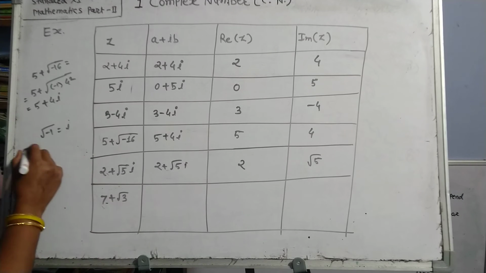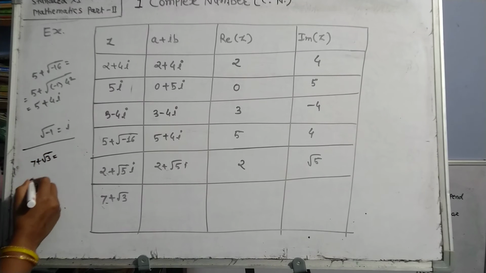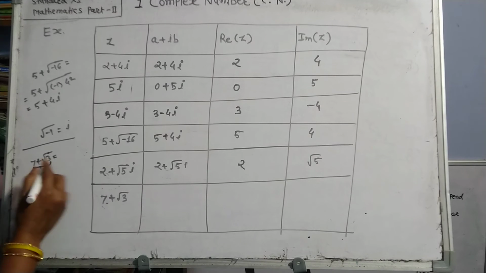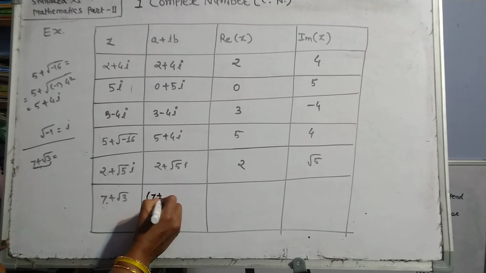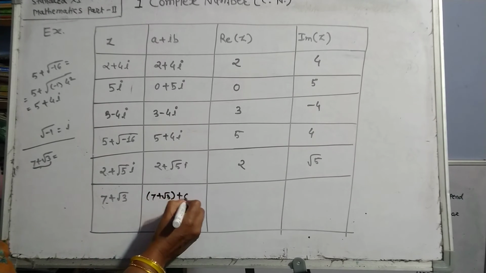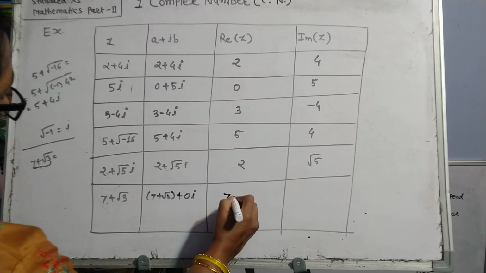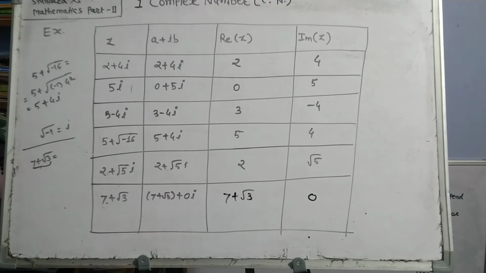Now 7 + √3 means what? This part is real part. There is no imaginary part. So we add here 0i. So right here 7 + √3 plus 0i. Now real part is 7 + √3 and imaginary part is 0.